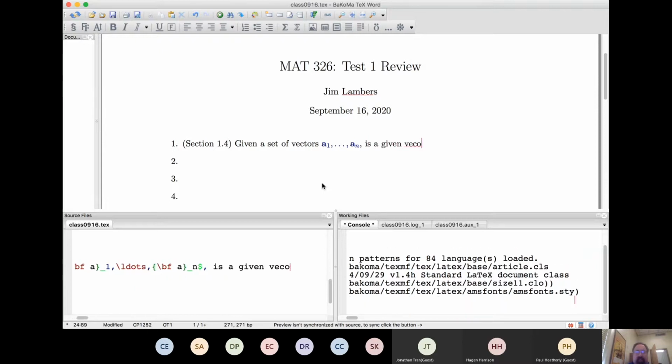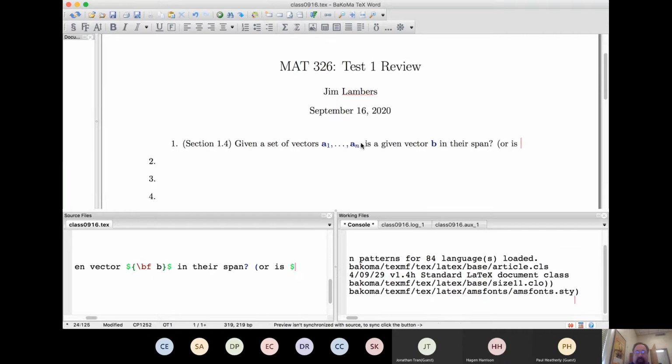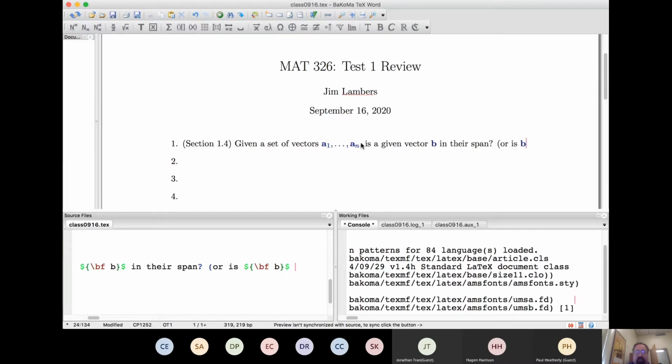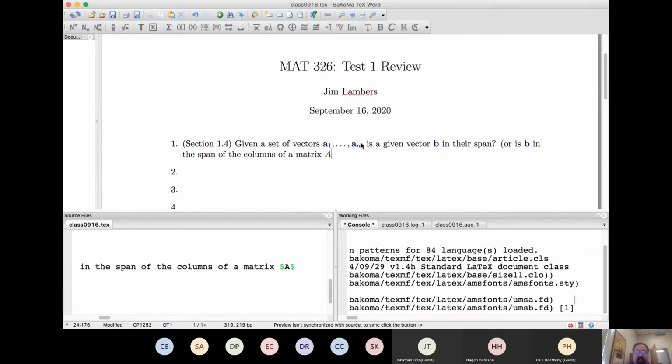Is a given vector B in their span? So is B part of a span of these vectors? Or it could be asked this way: is B in the span of the columns of a matrix A, which would be these vectors here?